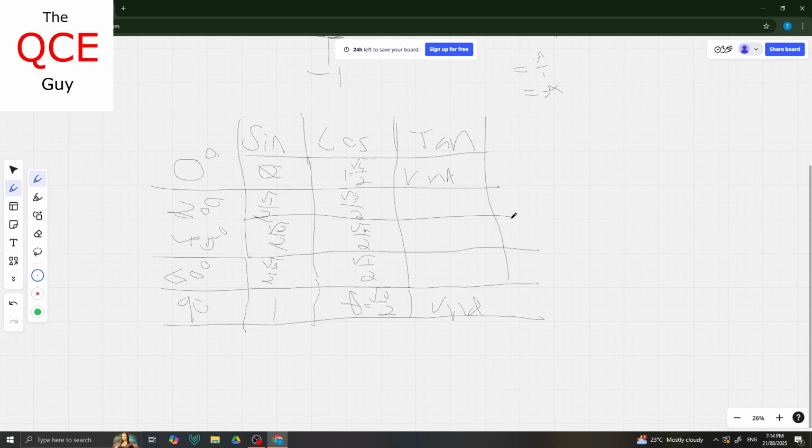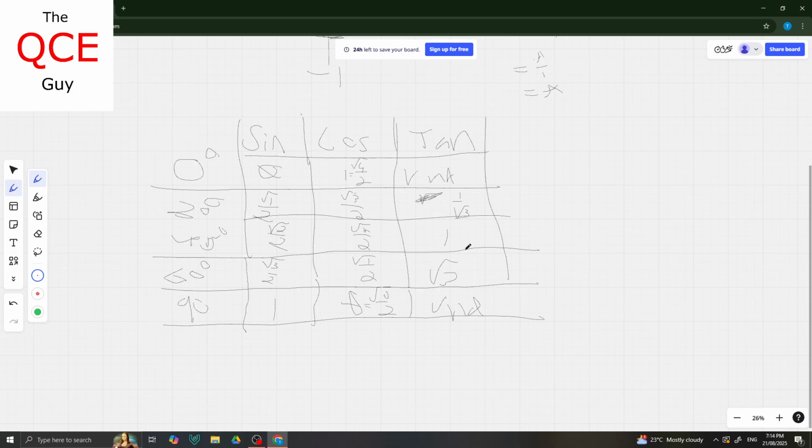Last thing to know about tan is it's sine divided by cos. So if you ever forget it, you can just divide these two numbers. But the way that you can remember it would be root 1 on root 3, 1 on root 3.